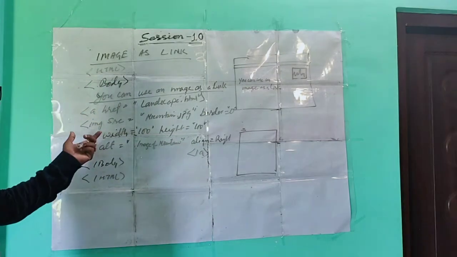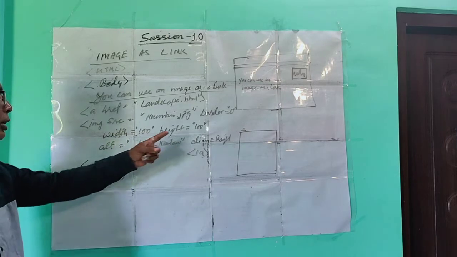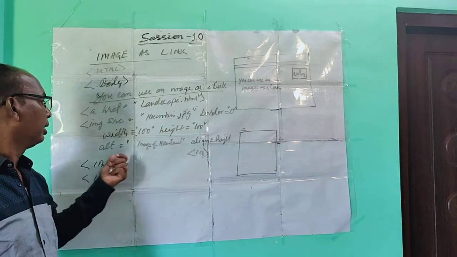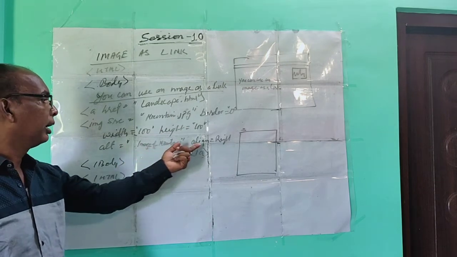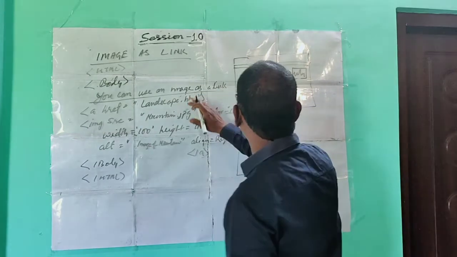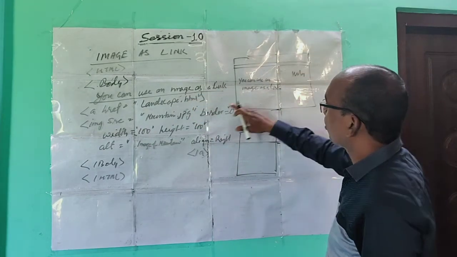See, in the same tag I am using 3 or 4 attributes. The first attribute is border equals to 0, width is 100, height is 100, ALT image of mountain, align right. Here you see, when you run this program, you get the image but no border will appear because I am giving here border equals to 0.